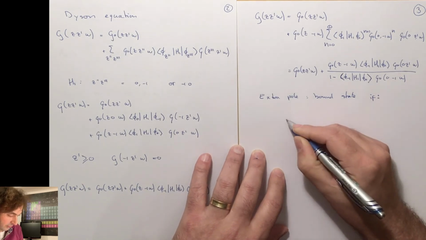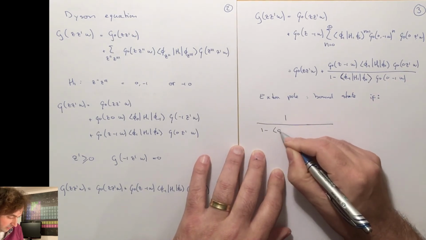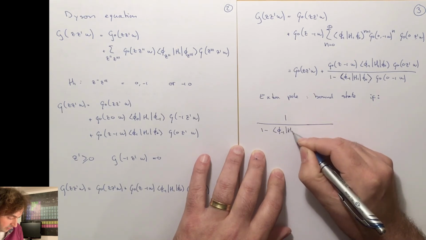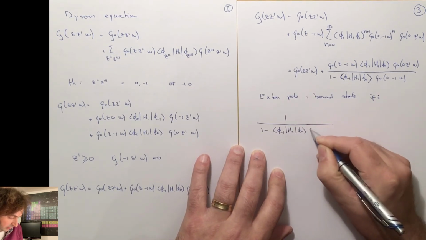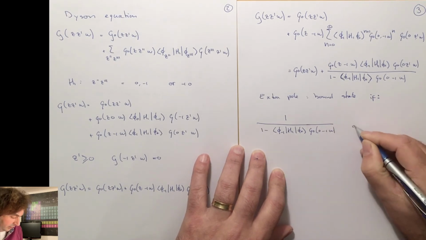If 1 over 1 minus H1 phi_0 G0(0, -1, omega) diverges.